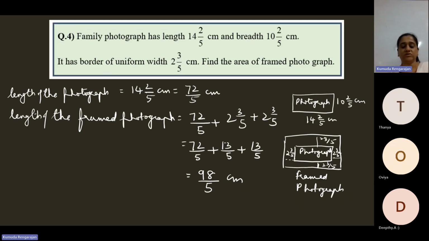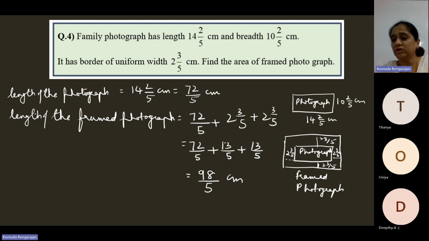All right, we'll just see it again. The two phrases which you need to understand in this question are what is a family photograph and what is a framed family photograph. So the photograph is only that paper card. The frame has thickness, right?